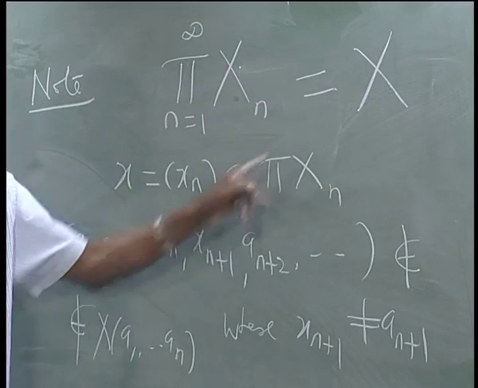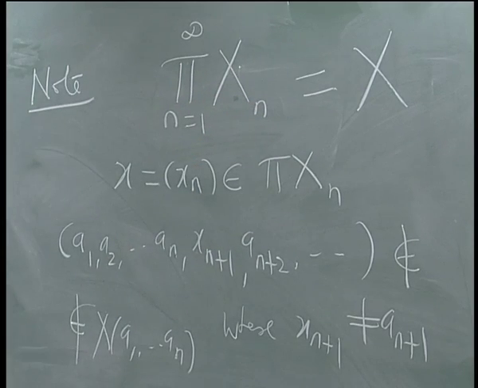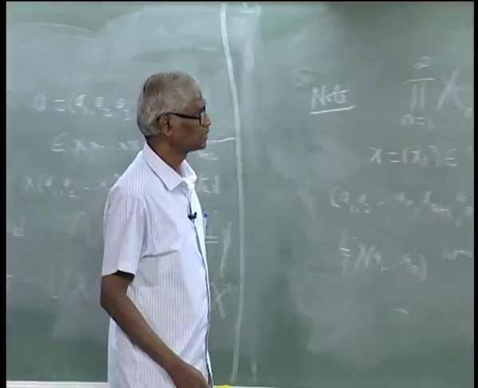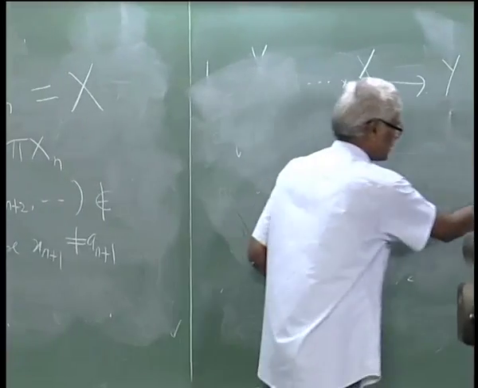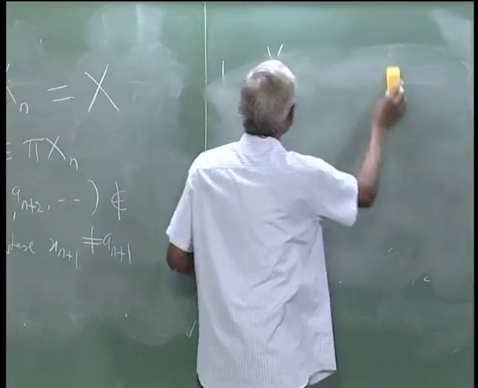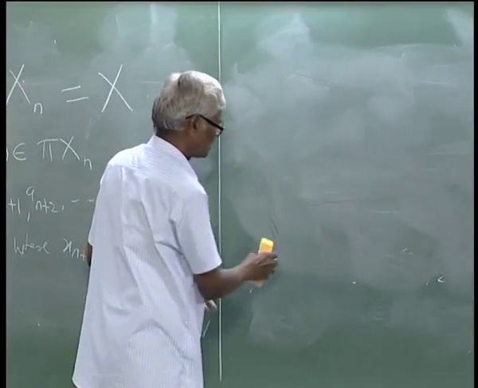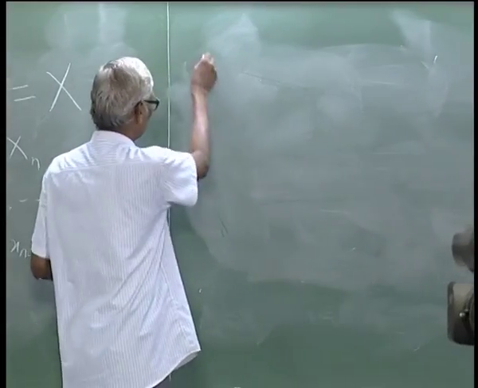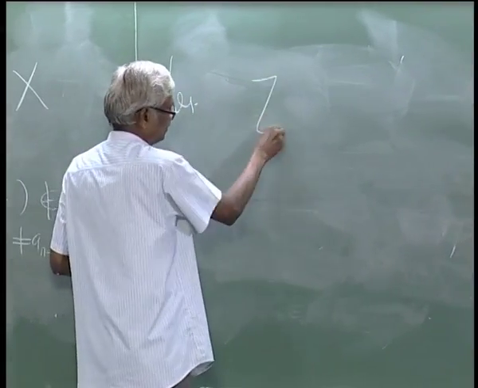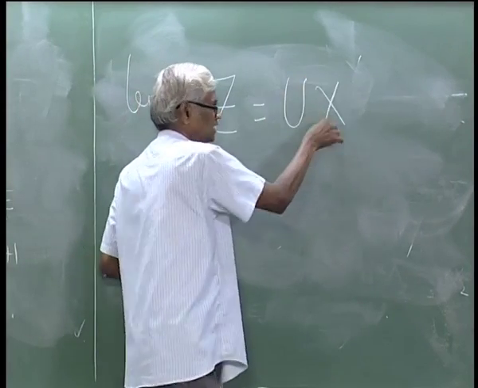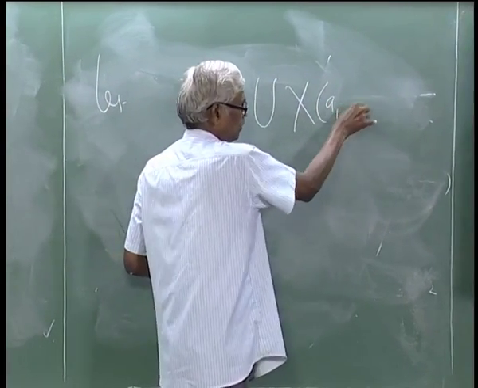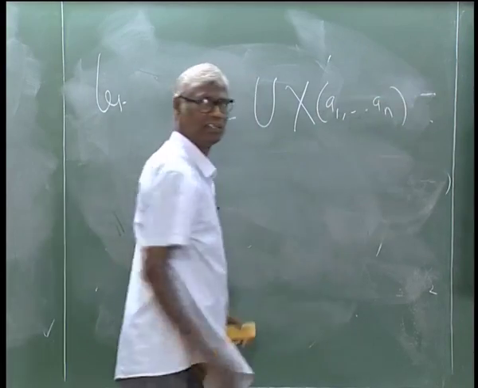This union is not equal to the whole space, but still this will be sufficient. So, we call this subspace, let us say, capital Z, equal to this union of such X(A1, A2, ..., An).